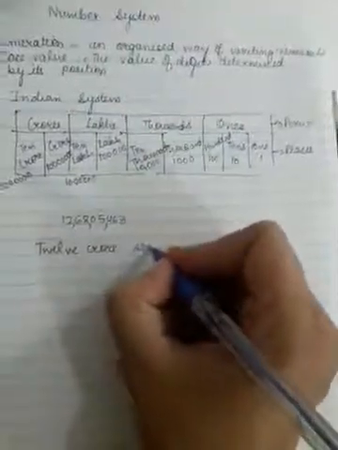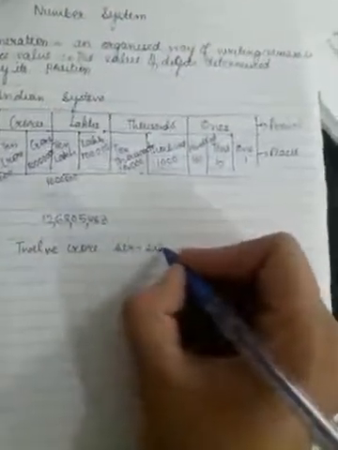Okay, if I have to write its name, it will be 12 crore 68 lakhs. Then 05, which is in the thousand place, so it is only 5,000.